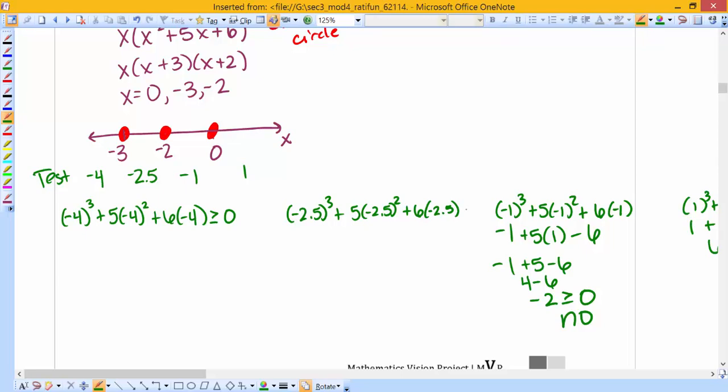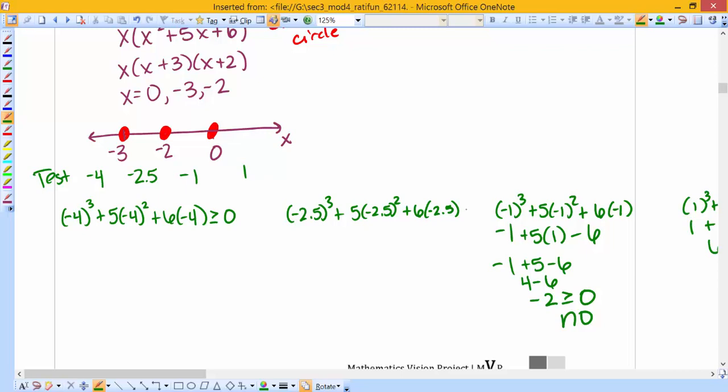Okay. So now I'm going to get out my calculator. Give me a moment. Okay, let's see. So I have negative 2.5 squared.